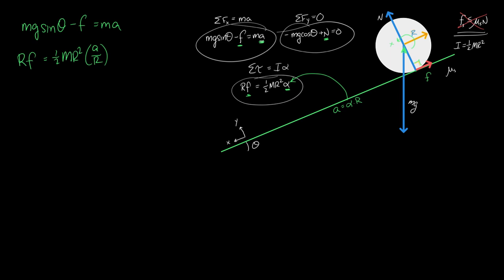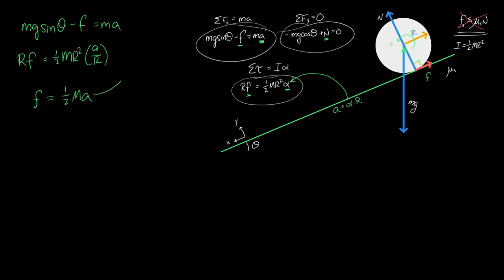So it seems to me that I could either solve for the acceleration or I could solve for the frictional force. I say we go ahead and do both. Let's reduce this by getting rid of all the r's, and we'll get friction equals 1/2 ma.